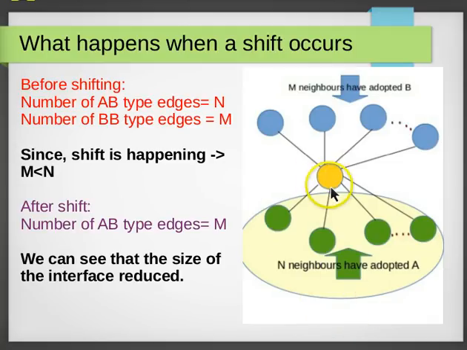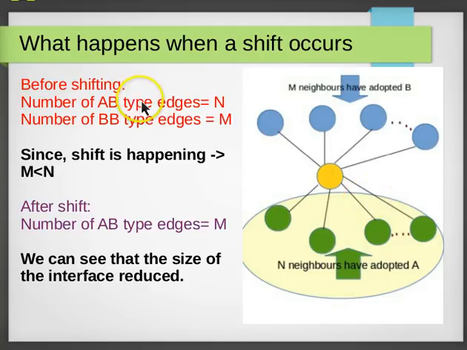So suppose this yellow node here has some connections with neighbors who have adopted B, and some connections with neighbors who have adopted A, and this node is going to shift from technology B to technology A. We show that as soon as this node shifts from technology B to A, your number of interface edges strictly reduces.